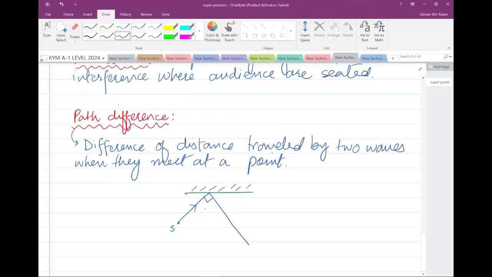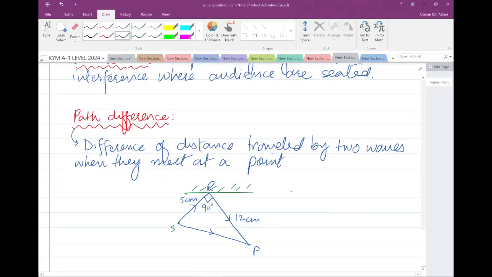Okay, this is 90 degrees. This is a point P. A wave comes from the source S, reaches a point P, and another wave comes from the source S directly to the point P. They tell us that this length S to R is 5 centimeter, and from R to P is 12 centimeter.